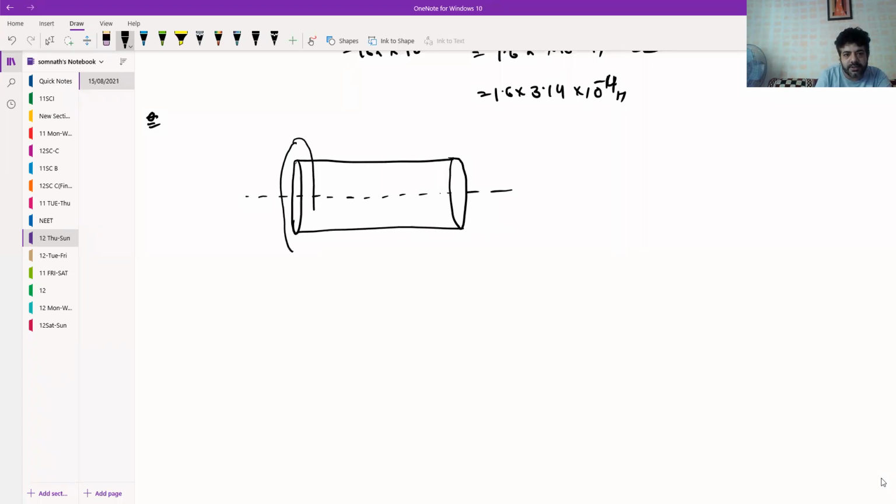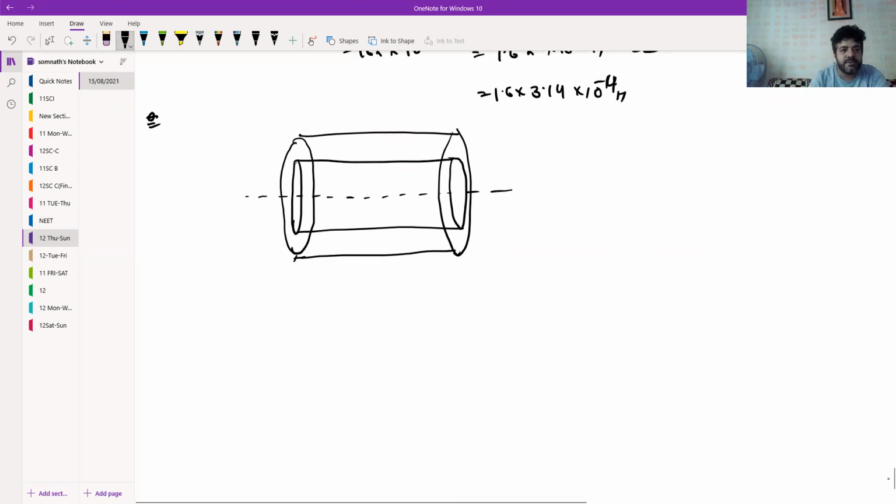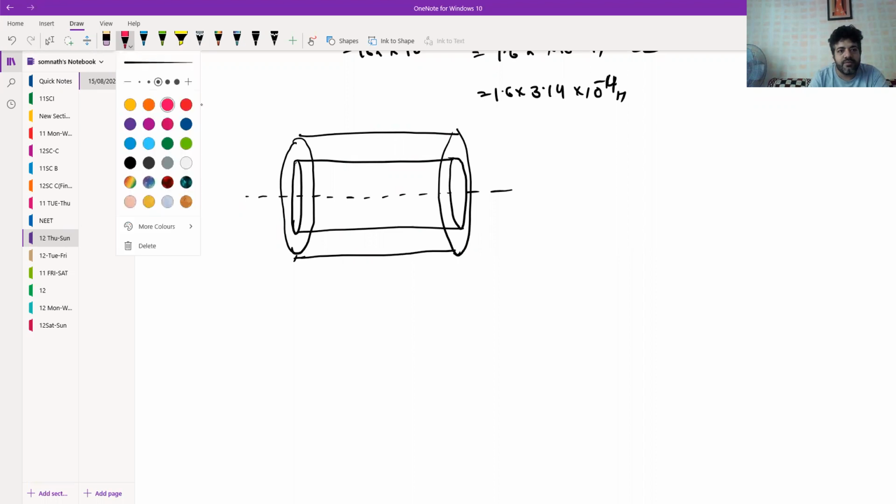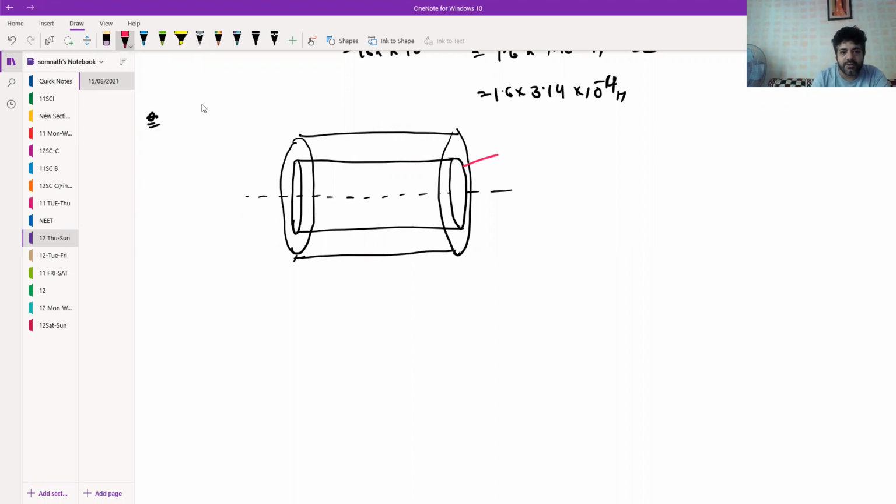This is the second solenoid. Now see what happened. For the inner coil, cross-sectional area A1, outer coil cross-sectional area A2, number of turns N1, number of turns N2, length L.